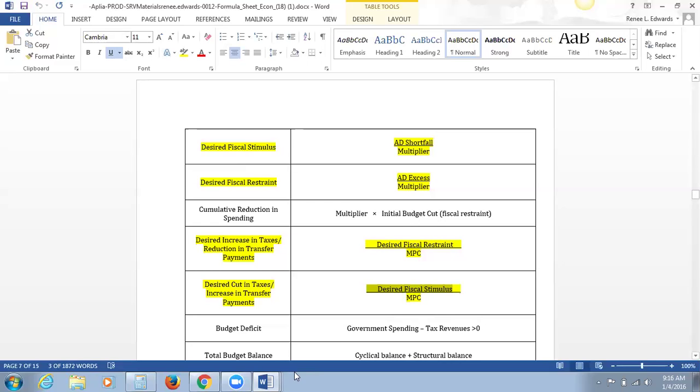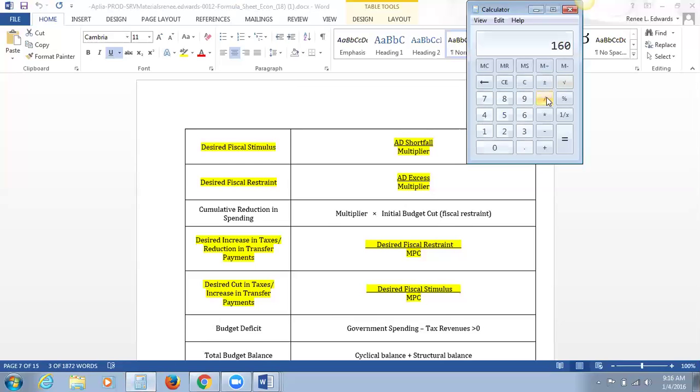So what that means, let's say it was 160 before, then the formula says desired stimulus divided by MPC. We're going to take that 160 and divide it by 0.6. When we divide it by 0.6, we find out it's 267, million or billion dollars that you'd have to give in tax breaks.